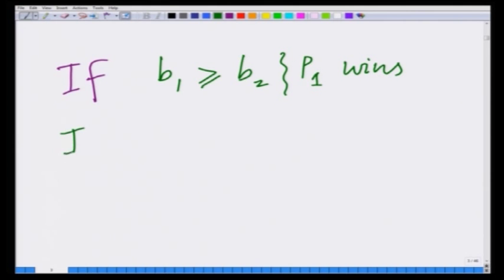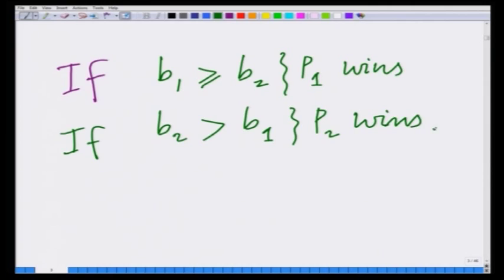If on the other hand B2 is greater than B1, then P2 wins the auction. So this part is similar to the first price auction, that is, the winner with the highest bid wins the auction.